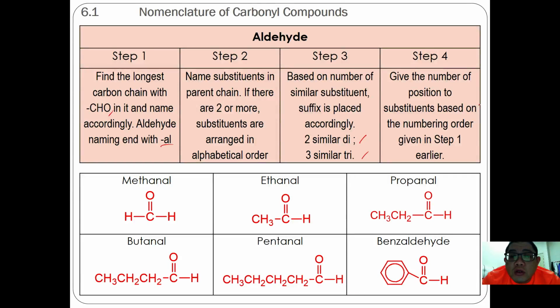CHO should always be the first carbon. If you have 1C, you have methanal. If you have 2C, we have ethanal. 3C propanal, 4C butanal, 5C pentanal, and if you have a benzene ring with a CHO here, we call it benzaldehyde. So this is how we name an aldehyde.